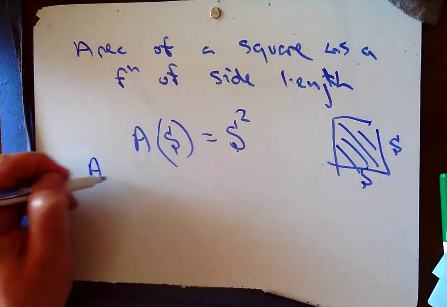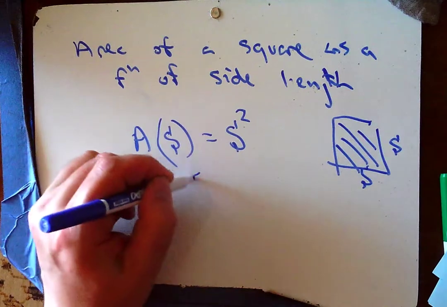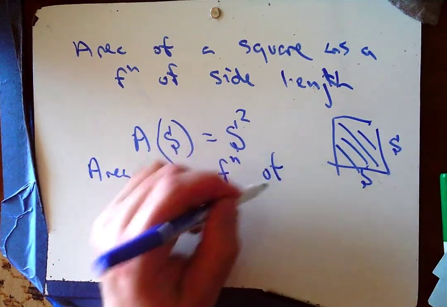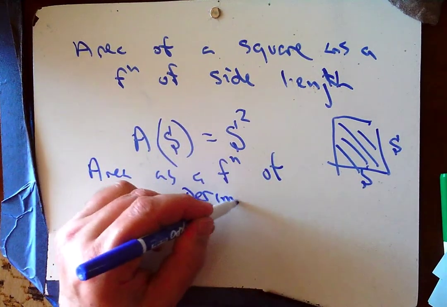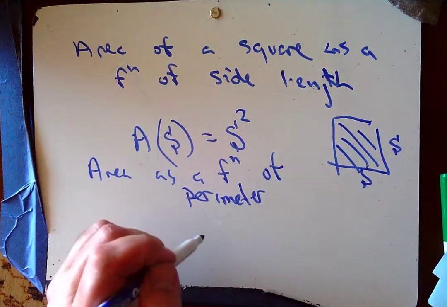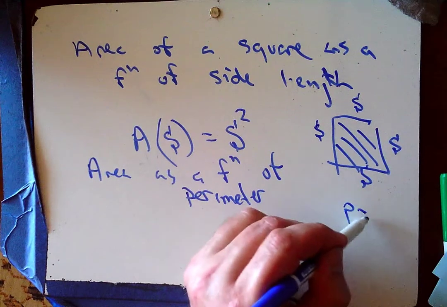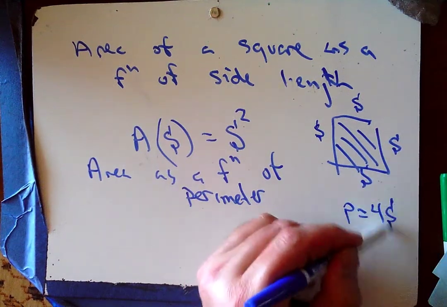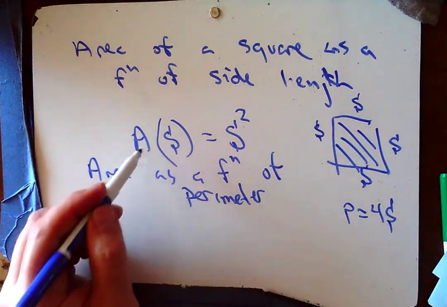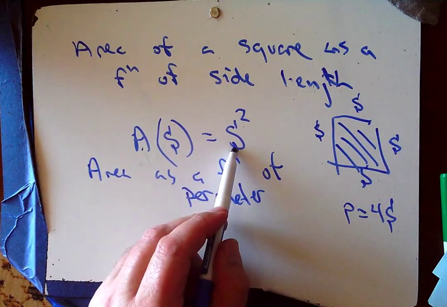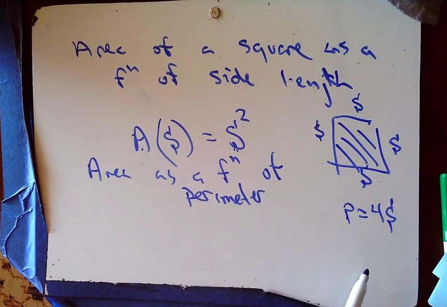But then what if instead I say area as a function of perimeter? Well, I know the perimeter here is 4s, but I'm trying to get area not as a function of side length, but as a function of perimeter.